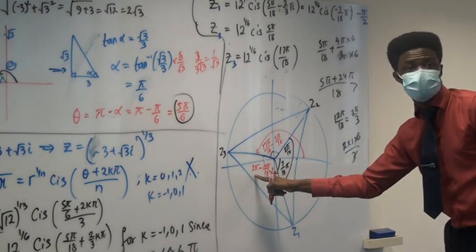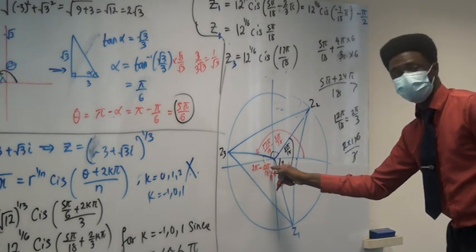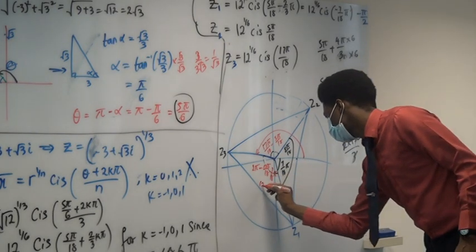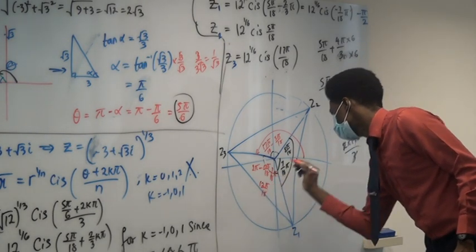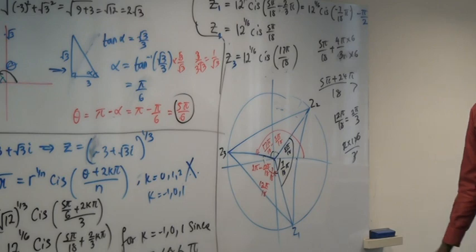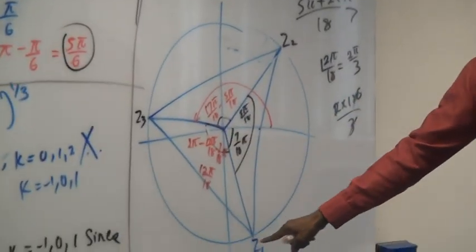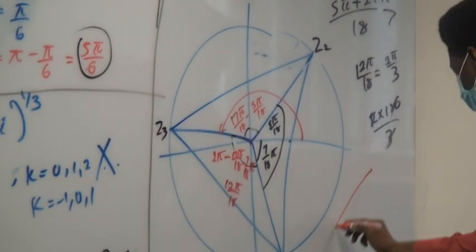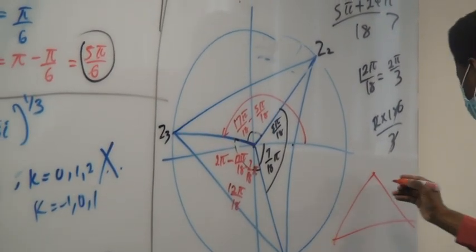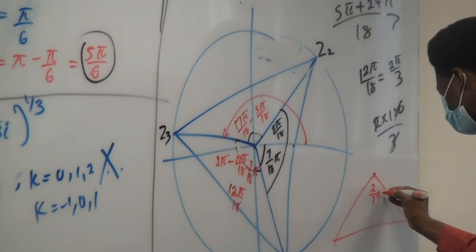This is going to be 36 minus 24. What do we get? 12 again. So there are congruent isosceles triangles. The isosceles triangle is like this, with 2 over 3 pi in between.